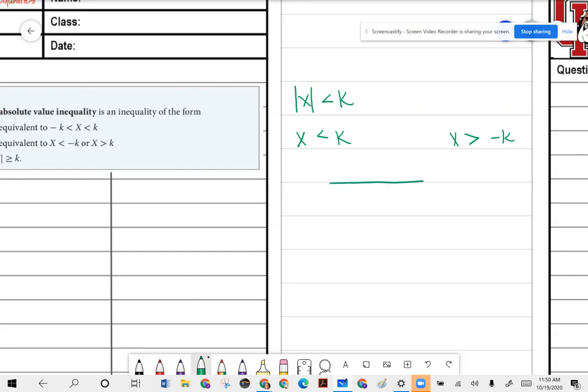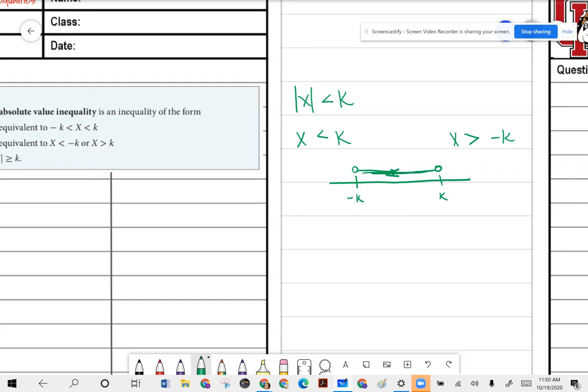On a number line, negative k would be less than positive k, because negatives are smaller than positives. If x is greater than negative k, I'm going this direction, and x is less than positive k, I'm going this direction. You can see that there is the overlap.